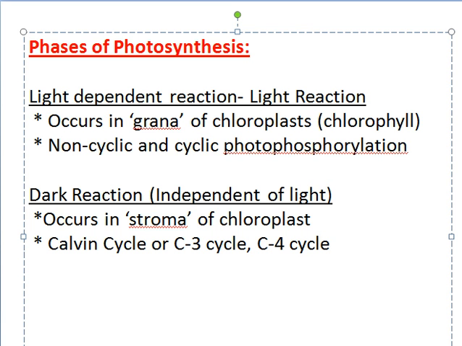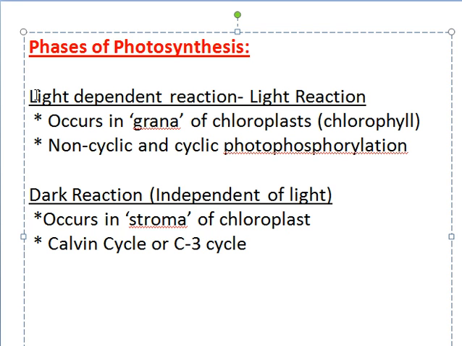It is also known as the Hatch and Slack pathway for photosynthesis. Actually, C4 plants, the plants which perform the C4 cycle, perform in fact better than the plants which solely depend on the Calvin cycle for the dark reaction of photosynthesis. So we'll leave it here because it will take a lot of time for me to discuss the C3 cycle as well as the C4 cycle in tandem.